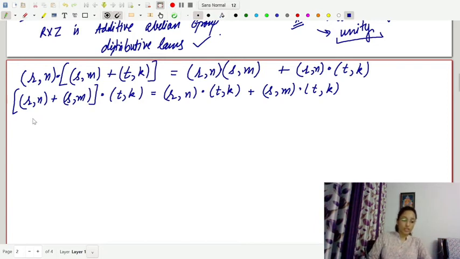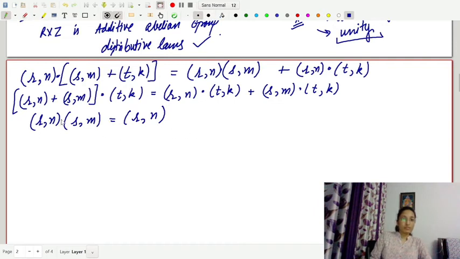With unity अभी हम शो कर देते हैं. (r, n) unity हम सपोज कर लेते हैं (s, m) is equal to (r, n).